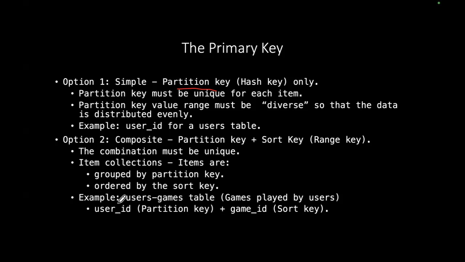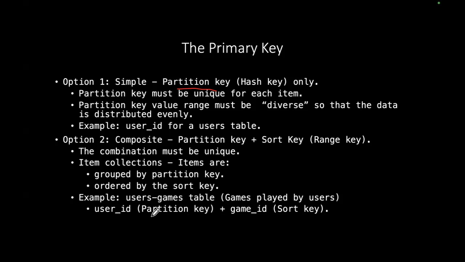An example might be, supposing we're implementing some sort of game where you have lots of users, and there are a number of games that users can play, and we want a table that records which users have played which games, and maybe what score they got and when they got that score, etc. In terms of the primary key for that table, it might be a combination of their user ID and, let's say, the game ID, because the user will have played multiple games, so there will be multiple records in this table for that particular user.